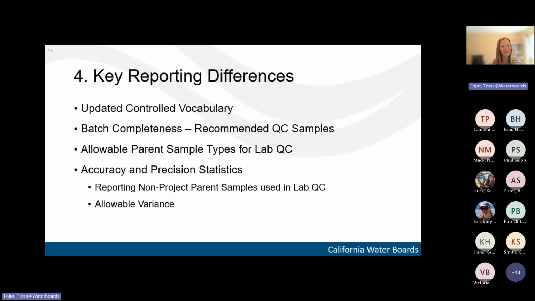For people who are contracting with a lab, it might be interesting to know, oh, they didn't flag that, why didn't they? And there could be cases where our holding times are different than the labs'.